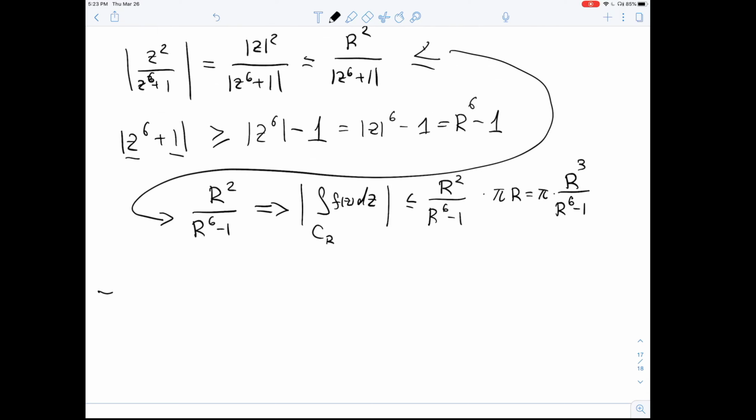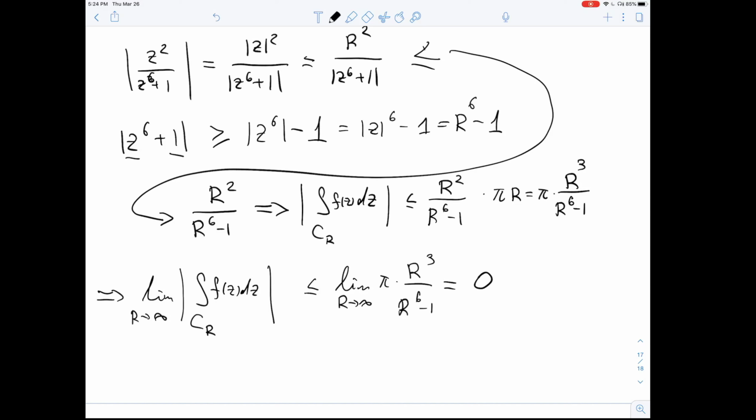So this implies that the limit of the integral over C_r of f of z dz, even with the absolute value, is less or equal. Okay, so the integral is less or equal. So the limit is less or equal than the limit of this.